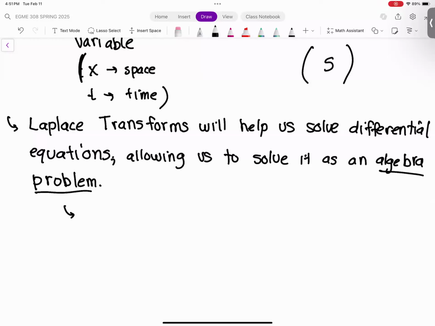Right. Because one of the cumbersome aspects of solving differential equations, at least the way that we've been doing it, is there are lots of different steps, right? Lots of different phases to the solution. So think back to what we just finished covering today. You have to solve for the homogeneous solution. You have to take a guess for the particular solution. You have to solve the particular solution.